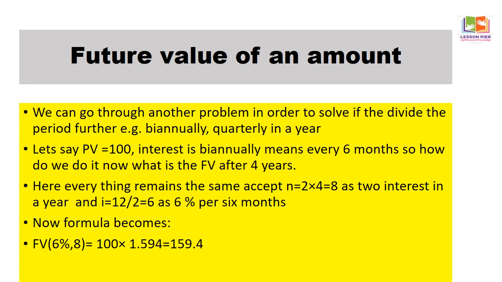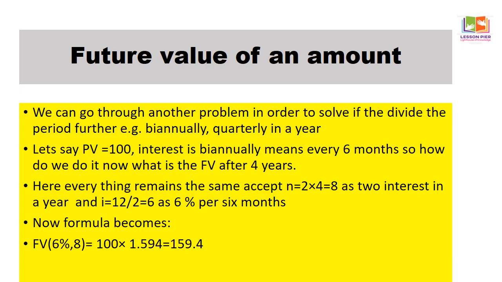Now here, let's say we have an interest biannually, same $100. So everything remains the same, only the n changes to 8, because every year we have 2 installments multiplied by 4 years, that becomes 8. Similarly, in the interest also, every year we have 12%.